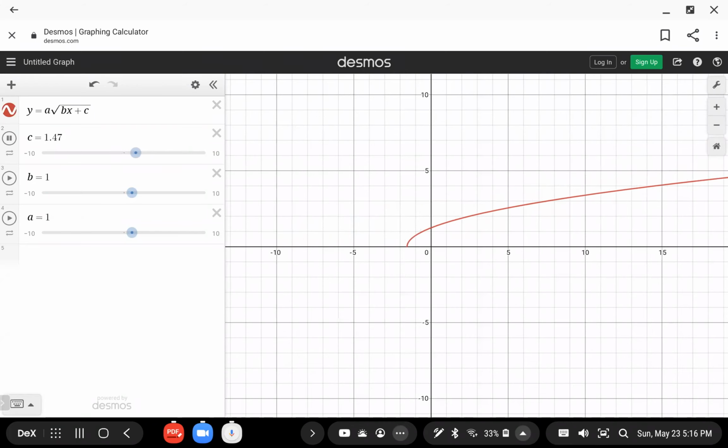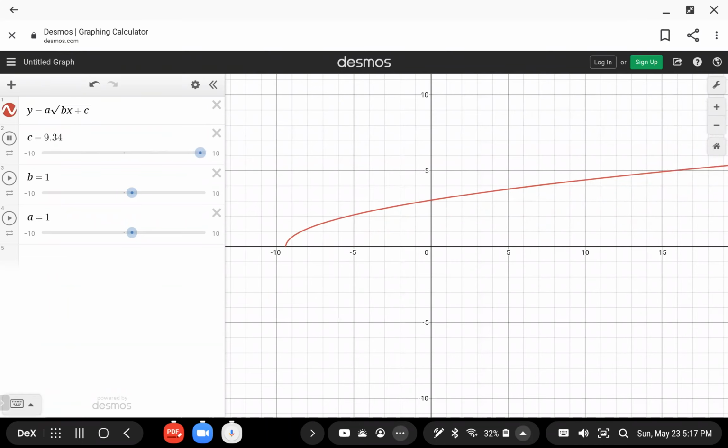But here's a weird thing: when c is negative, it actually moves to the right, and when c is positive, it actually moves to the left.